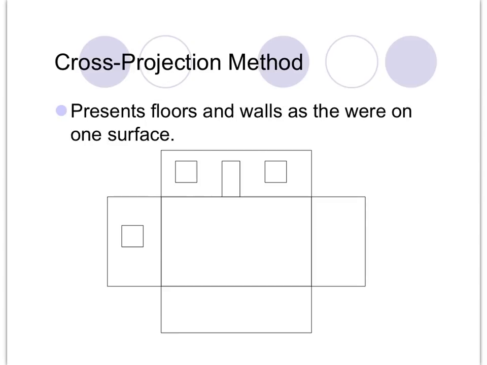The other one you can do when you're crime scene sketching isn't necessarily one of the ways of identifying where evidence is. This is just a way of drawing it. So some people will draw what's called an aerial view, which almost looks like a blueprint. The cross projection method is where you put all the floors and walls on one surface.